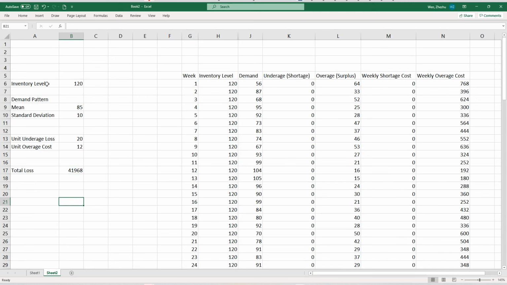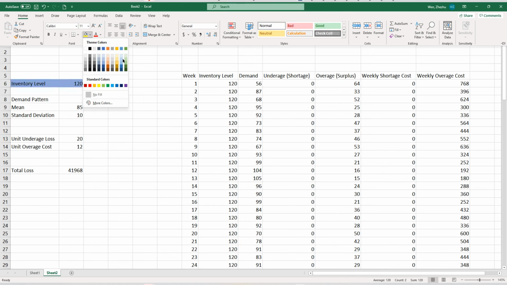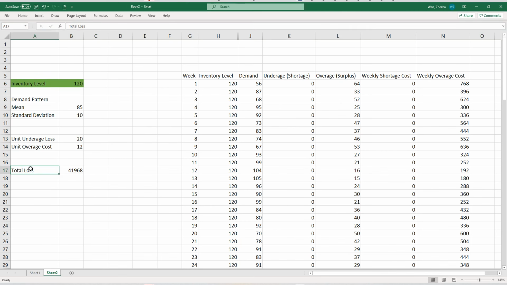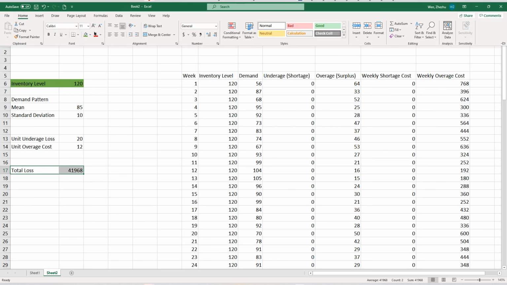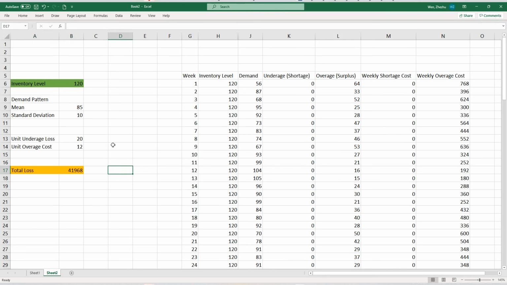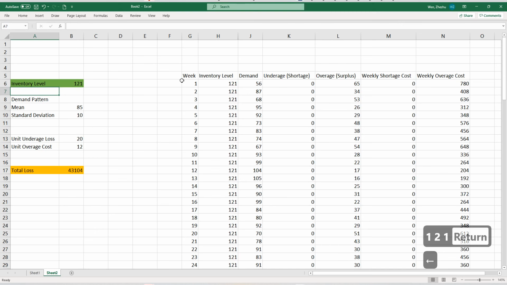So we need to decide that one to minimize this guy right here. Your job is to figure out at what inventory level this can be minimized. So I'm going to increase one more: 121, maybe 122.